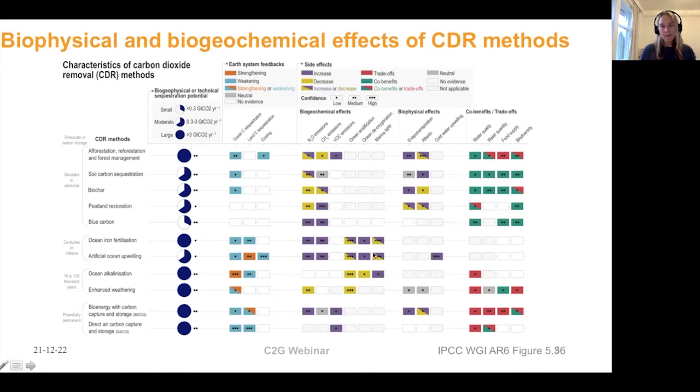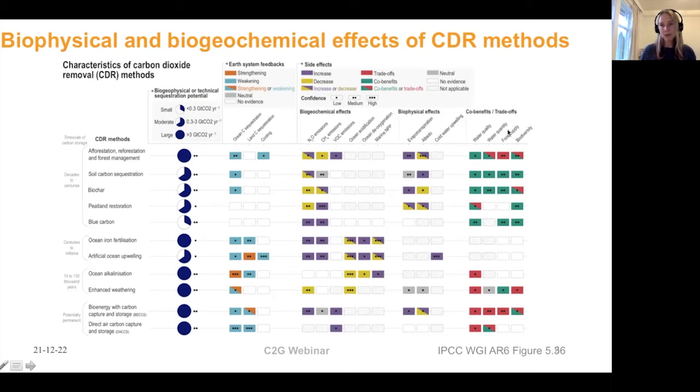And it also assesses how these biogeochemical and biophysical effects then feed back on the carbon sequestration potential of each of these CDR methods.